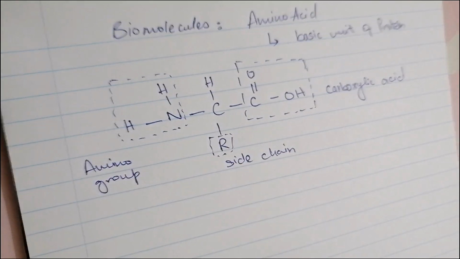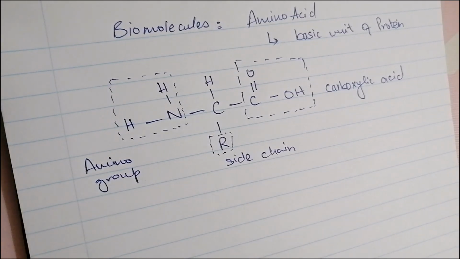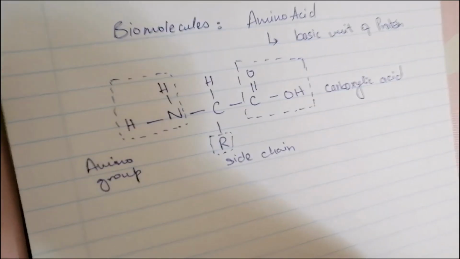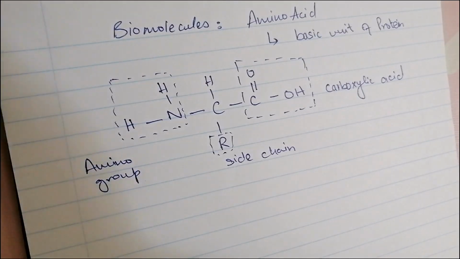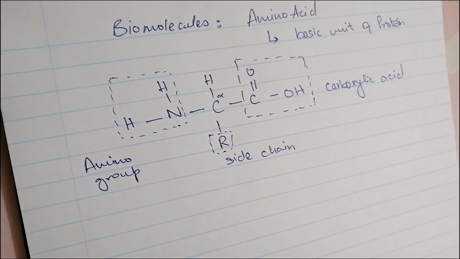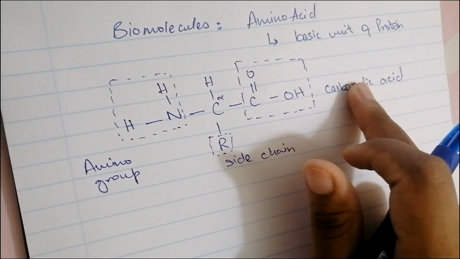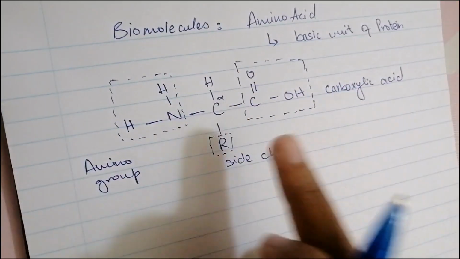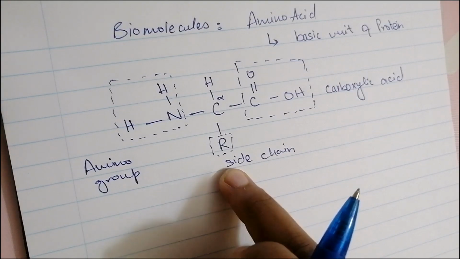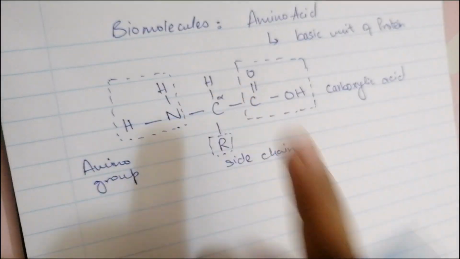So to identify any compound as an amino acid, you have to look at the four components which link together with the central carbon atom, or you can say this is your alpha carbon atom. So the amino acid basic structure includes your amino group, your carboxylic acid, your hydrogen, your R side chain group, and alpha carbon. These all are linked to your alpha carbon.